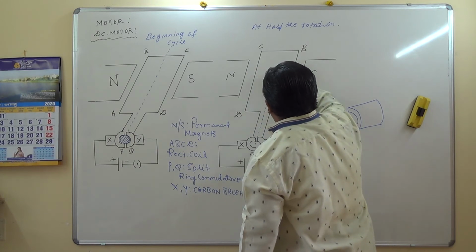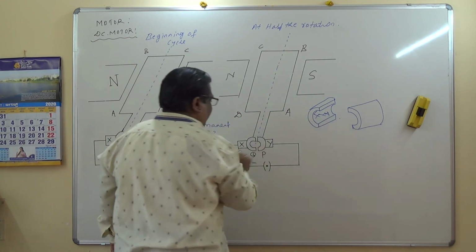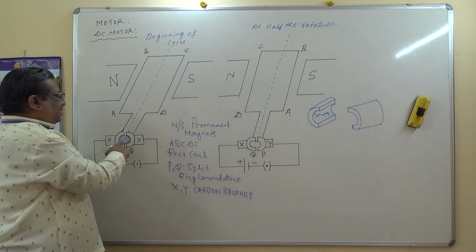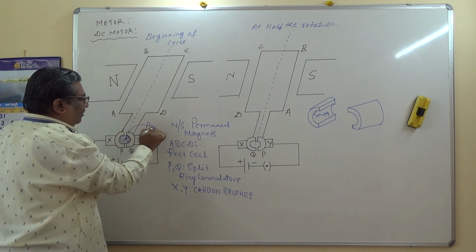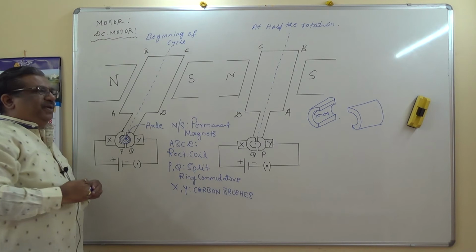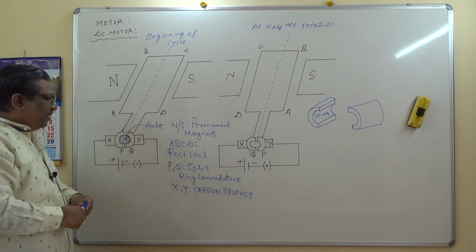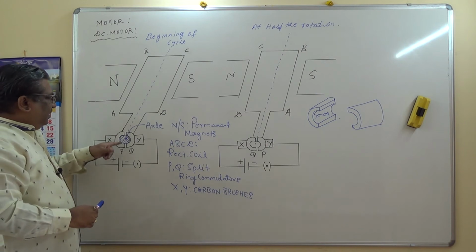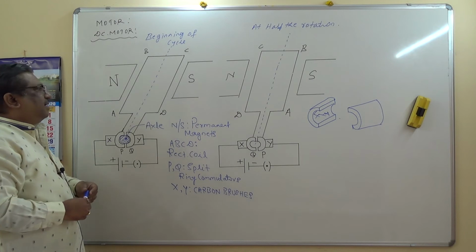So this is the axis. Here we can connect it. The axle is at the center. This part is called the axle. An axle is a piece of shaft on which the split rings are mounted. Inside the split ring those parts are insulated, and the external surfaces are conductive.